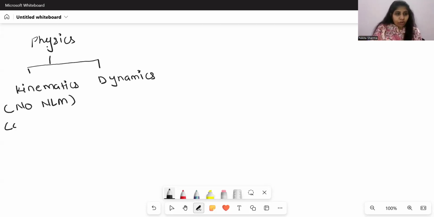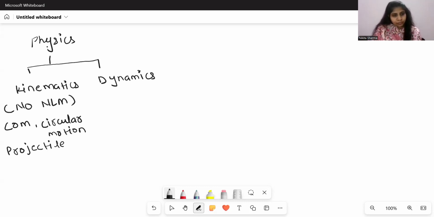For example, problems of center of mass, circular motion, projectile motion, and our topic for today, that is constraint motion.